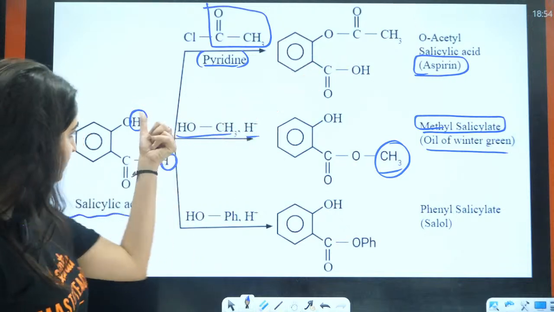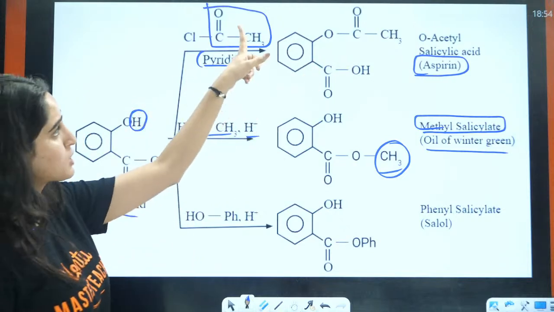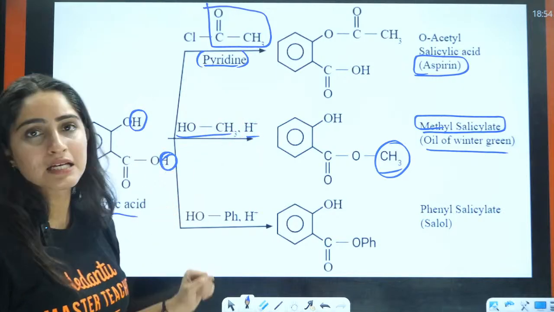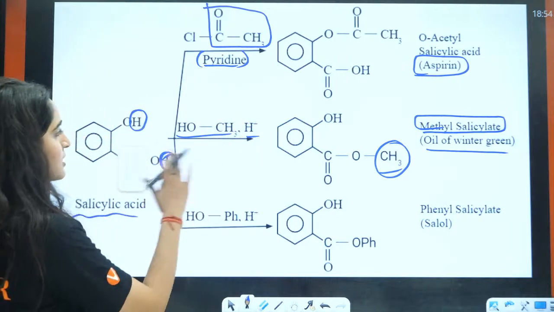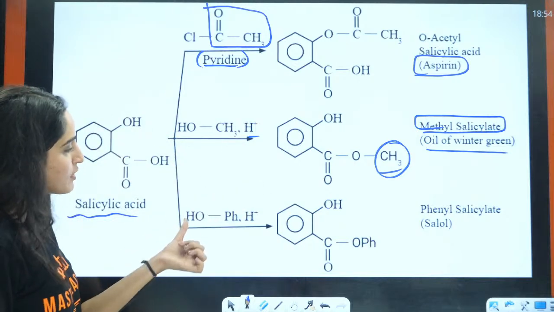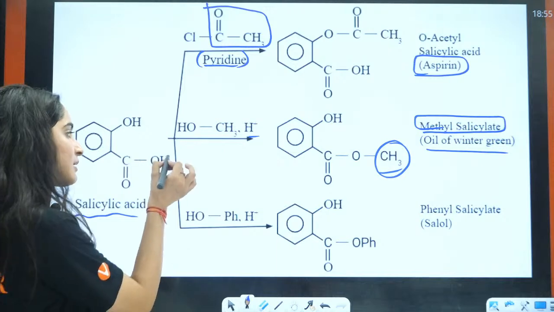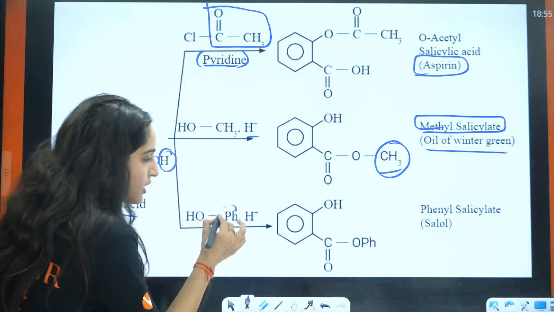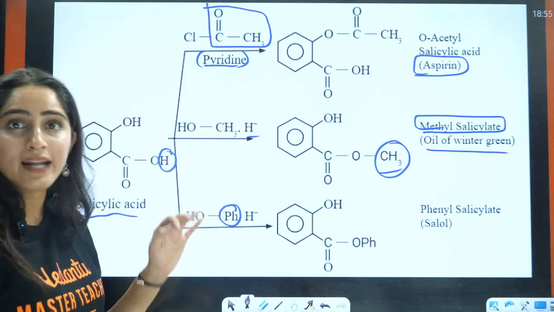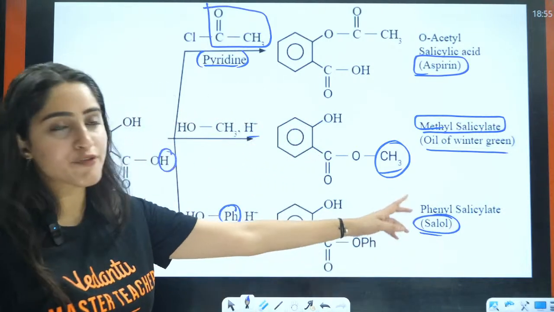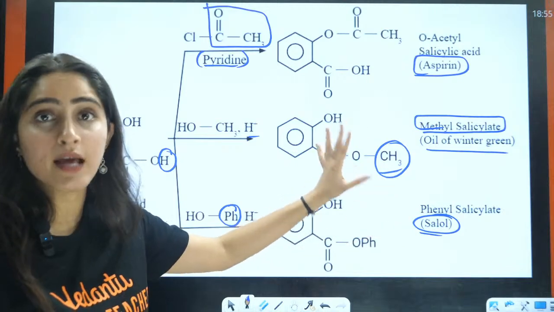Here this H was replaced by COCH3. Here this H was replaced by CH3. In the last case, you have OH and this is phenyl, and in the acidic medium this H will be replaced by this phenyl here, and it's a very important compound called phenyl salicylate, and the common name is salol, right?